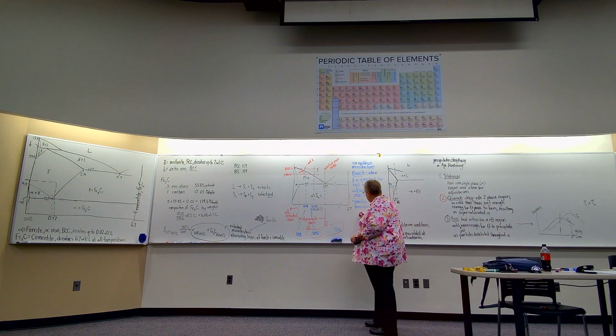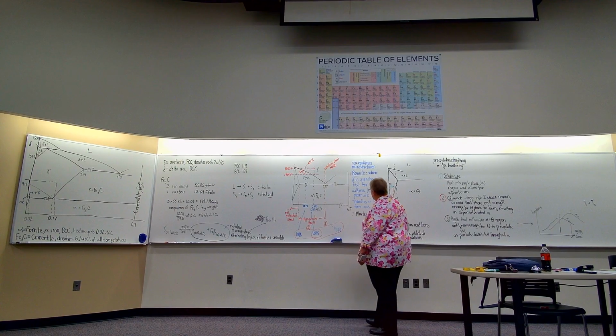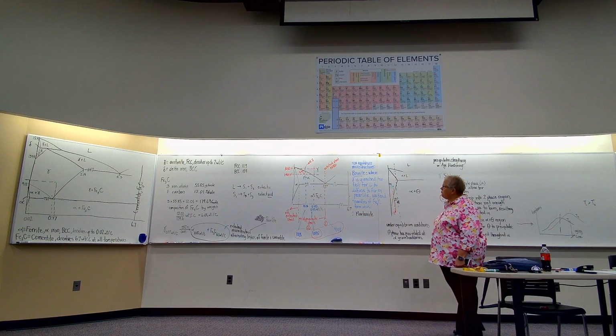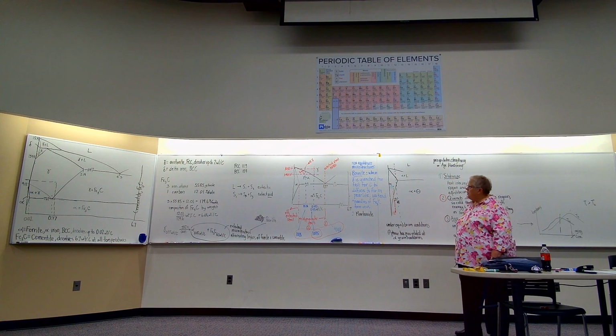The other non-equilibrium structure is called martensite. Martensite forms when there's no time for diffusion.